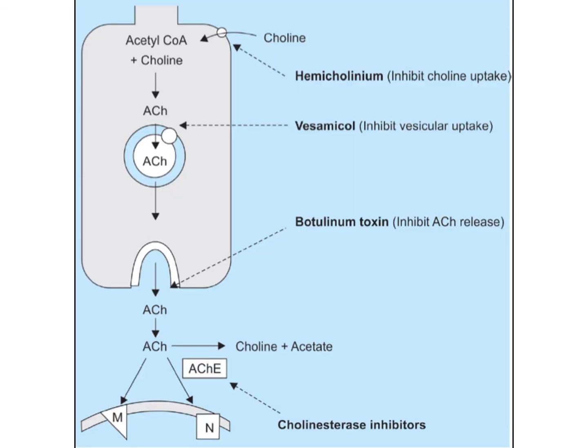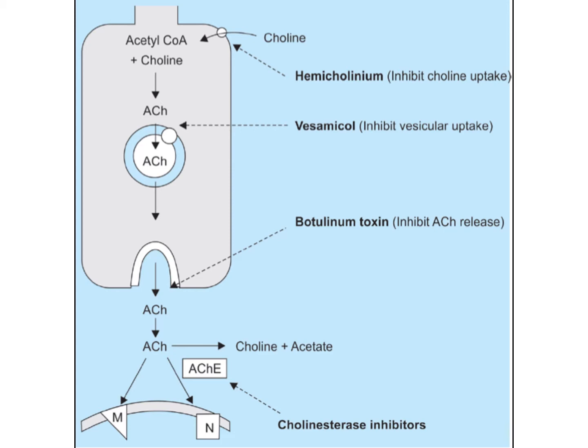Now we have seen the process of synthesis, storage and release of acetylcholine, and at different sites of synthesis, storage and release, there are different substances which cause inhibition of the process, thus causing deficiency of acetylcholine in the synaptic cleft and decrease in response.